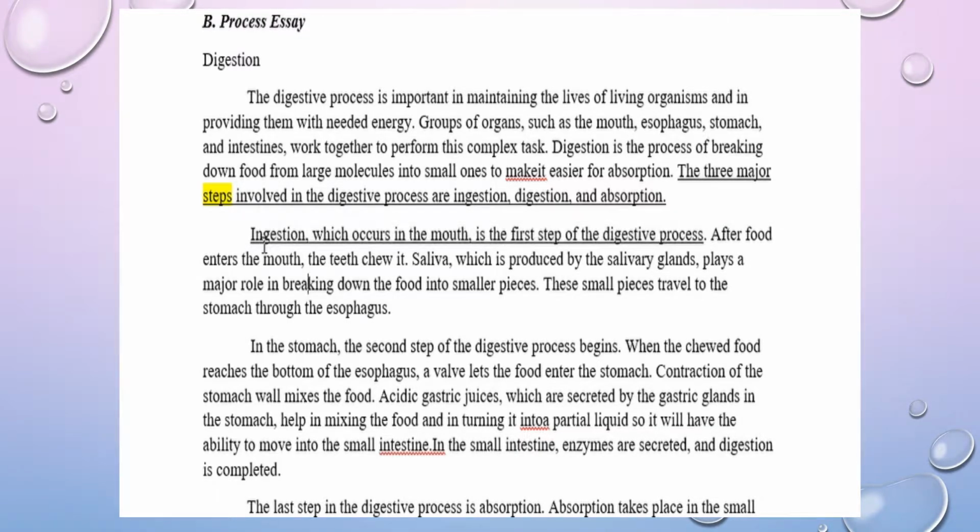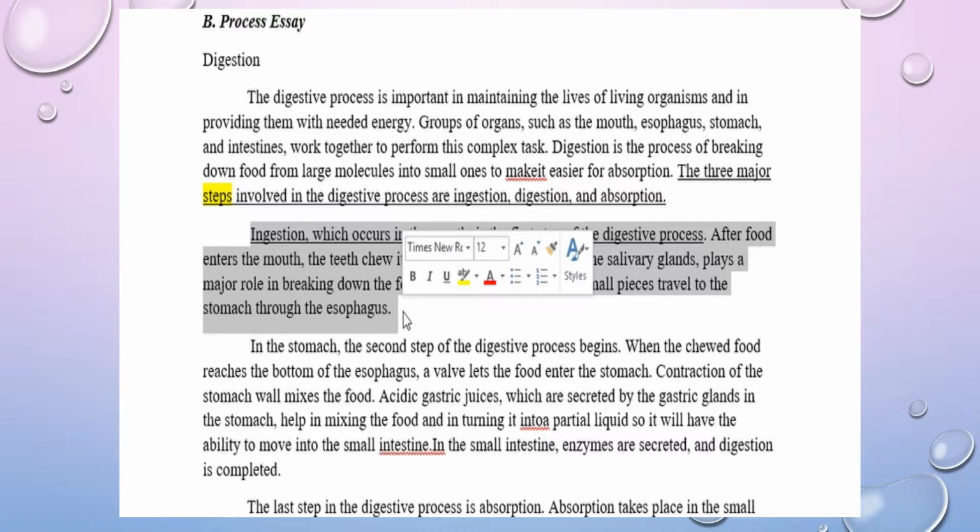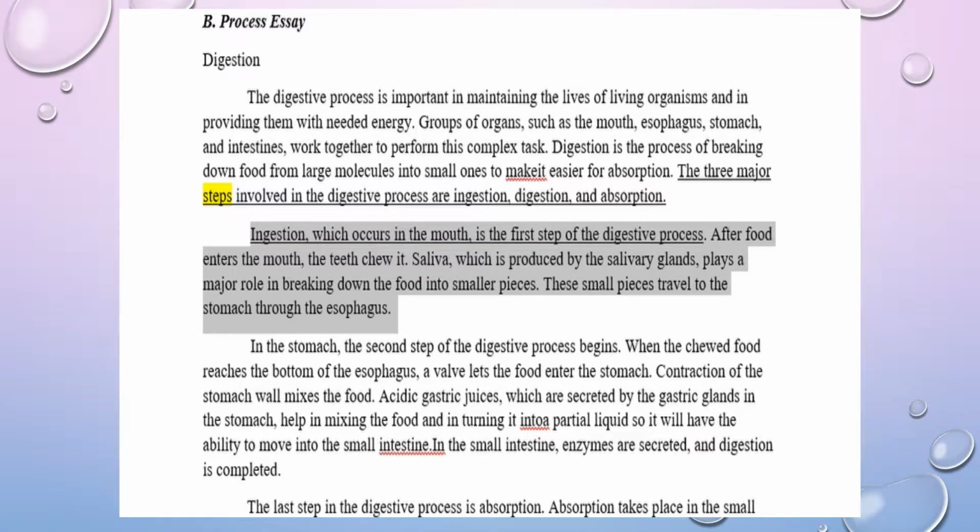Okay, so the main idea of this paragraph is that first sentence. Ingestion, which occurs in the mouth, is the first step of the digestive process. Now, how is this main idea sentence of this first paragraph related to the thesis? It provides the first step in the digestive process. The thesis tells us that there are three major steps, right?